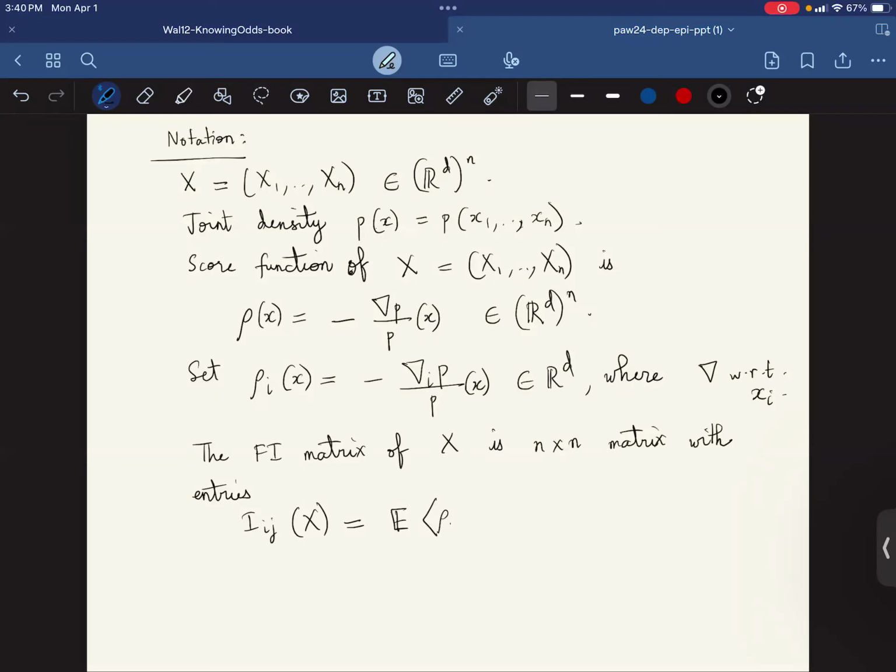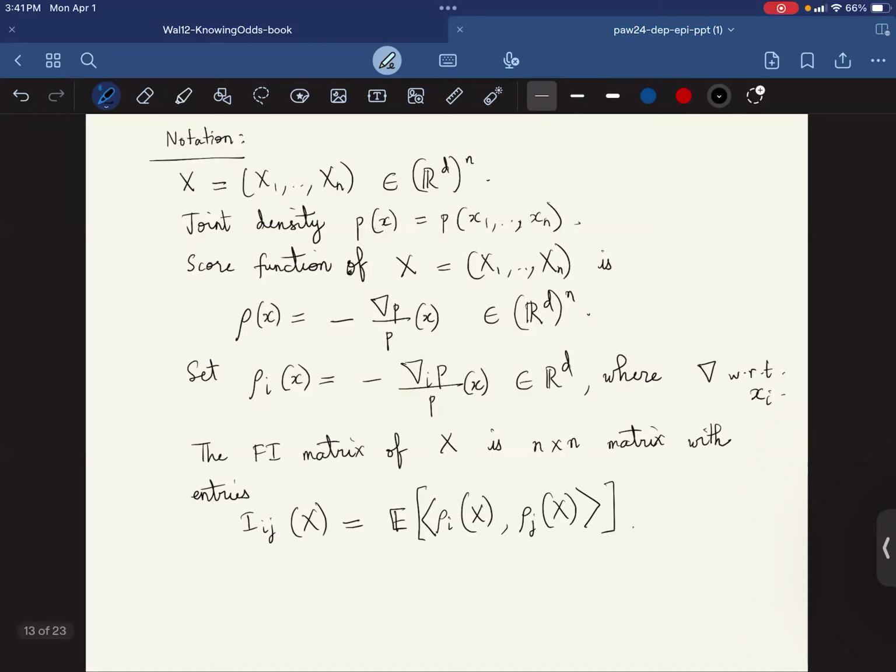You think of these as functions now of the capital X. So you look at rho i of capital X, rho j of capital X, and you look at this inner product, and that defines the entries of this Fisher information matrix.